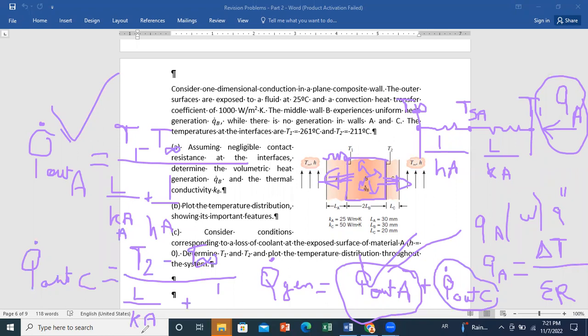Here you will put KB, and here this is L, the thickness of material A, and here you have the thickness of material B.